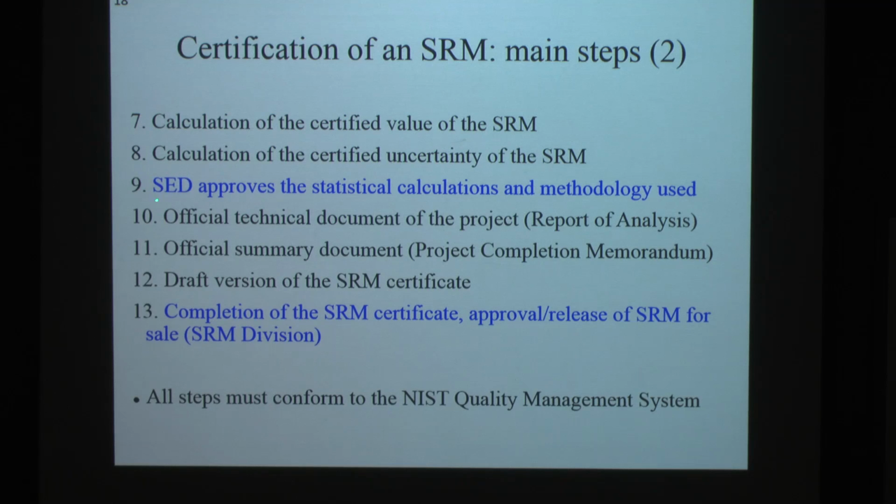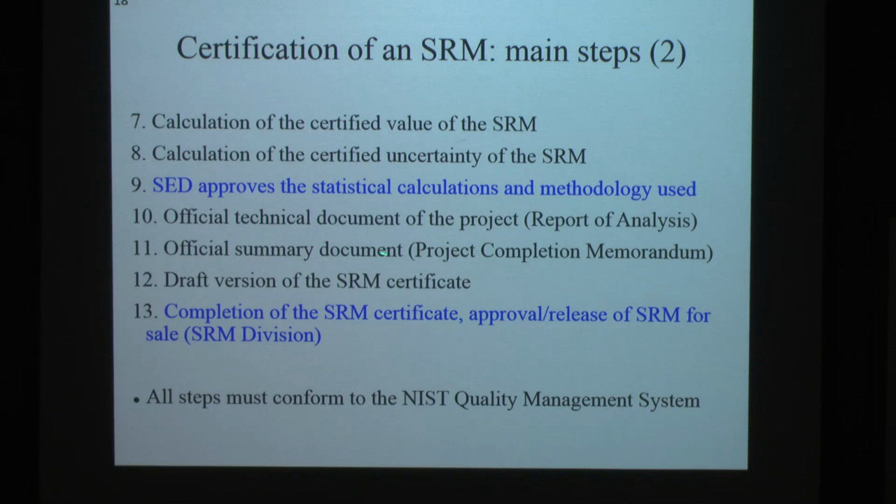Then SED, the people with the power, they approve the statistical calculations, the methodology used. And then the technical division writes what we call a report of analysis, the official technical document, which is specified in this quality management protocol.